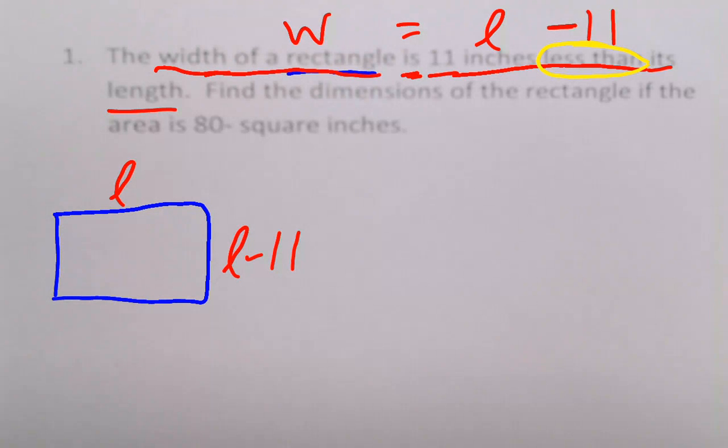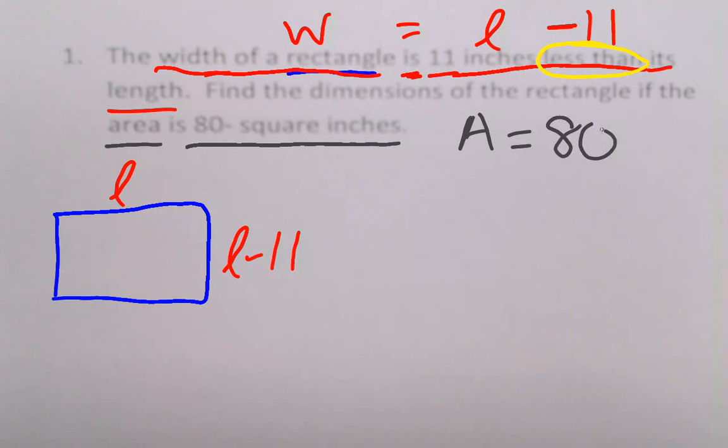Now I need to think about my formula. Read the rest of the question. Find the dimensions of the rectangle if the area is 80 square inches. So area is A, and it's equal to 80. So I say, if my area is length times width, I can plug in 80 for my area.